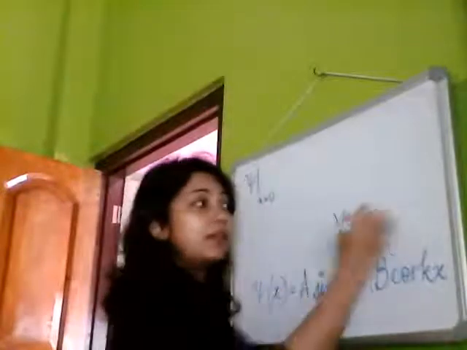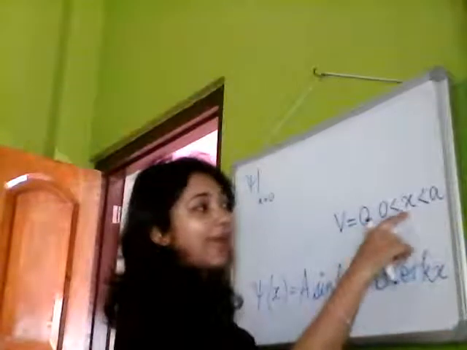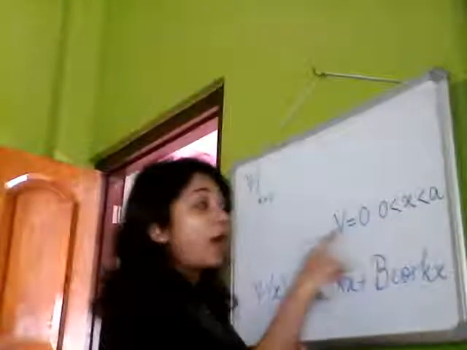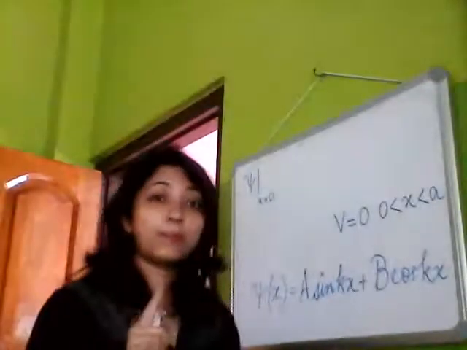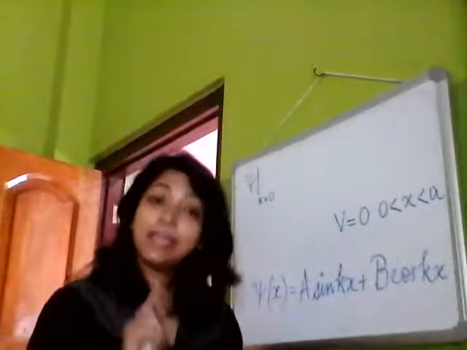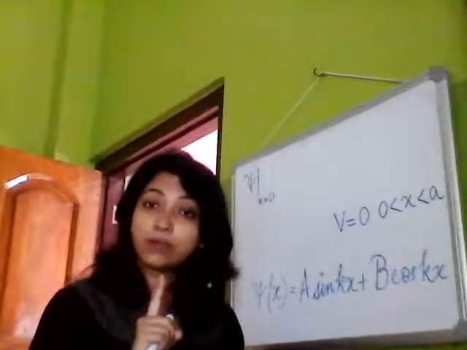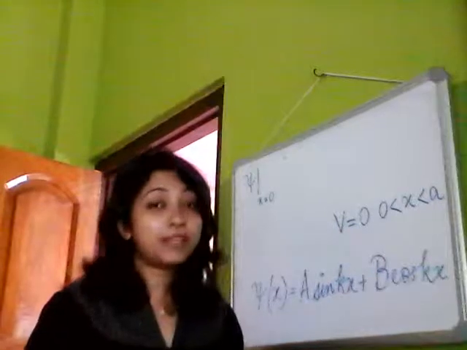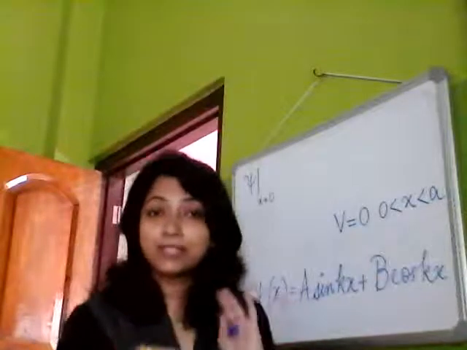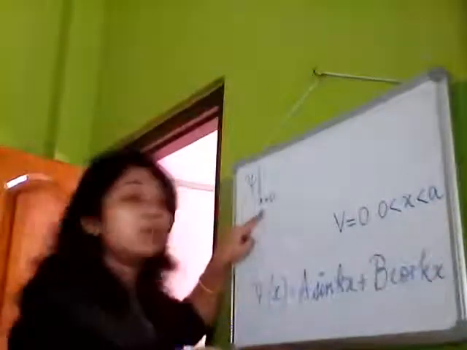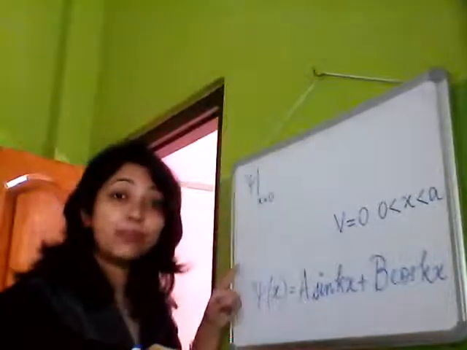V is 0 where 0 is less than x less than A. At a value less than 0, the potential is infinite, and when I am at 0, the potential is also infinite. If the potential is infinite, the particle will not be present at x equal to 0. And if the particle is not present at x equal to 0, the wave function also will not be present, and hence at x equal to 0, this wave function will reduce to 0.